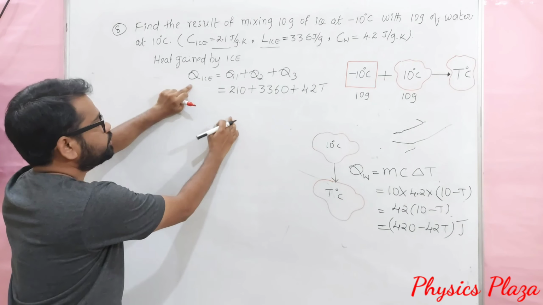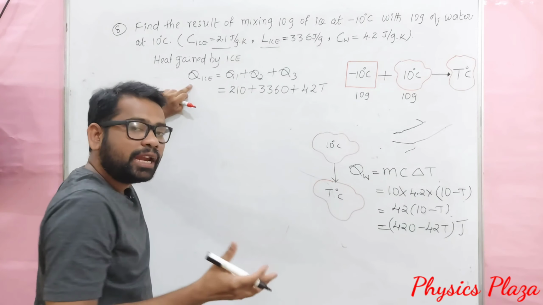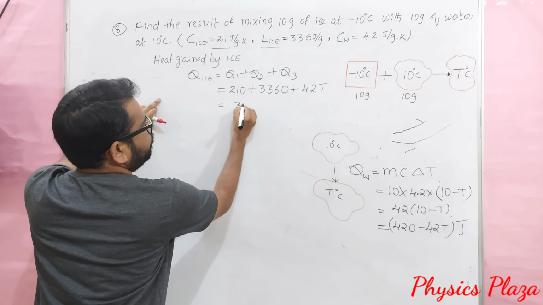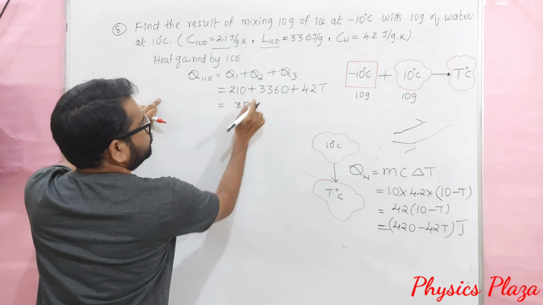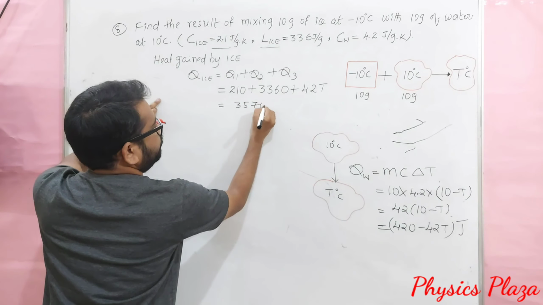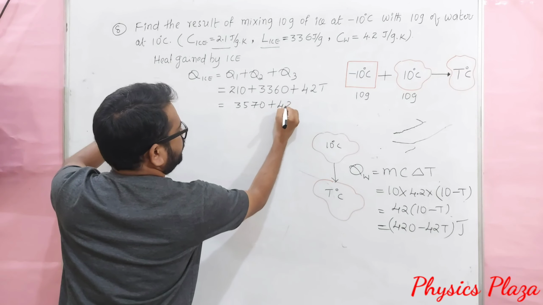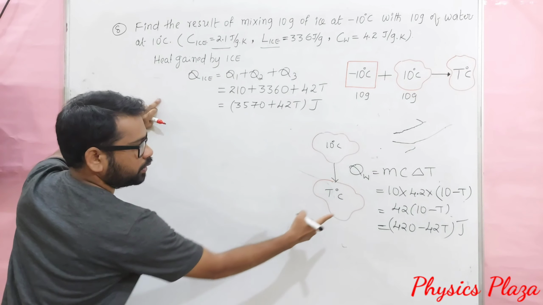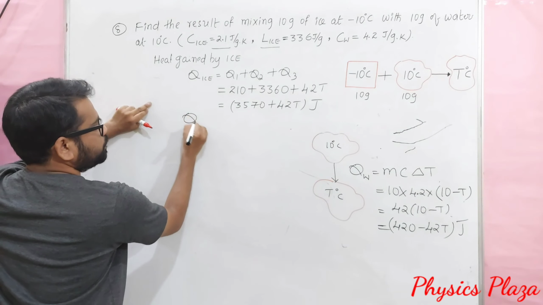Children, this is the total heat gained by the ice. So how much do we get? 3570 plus 42T is the total heat gained by the ice. Then what about the total heat lost by the water?